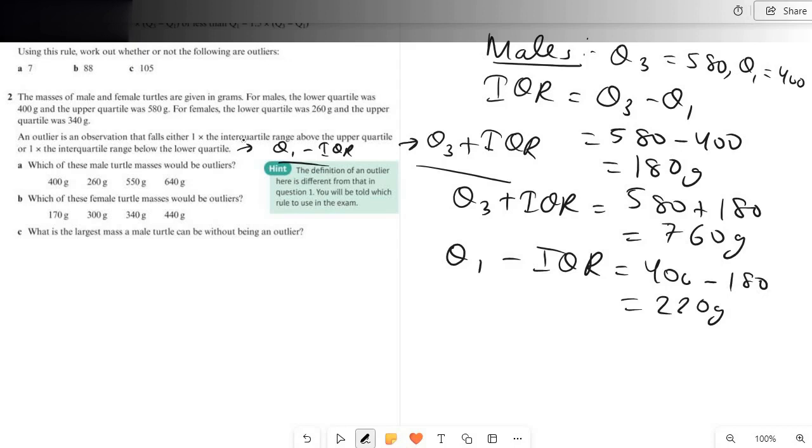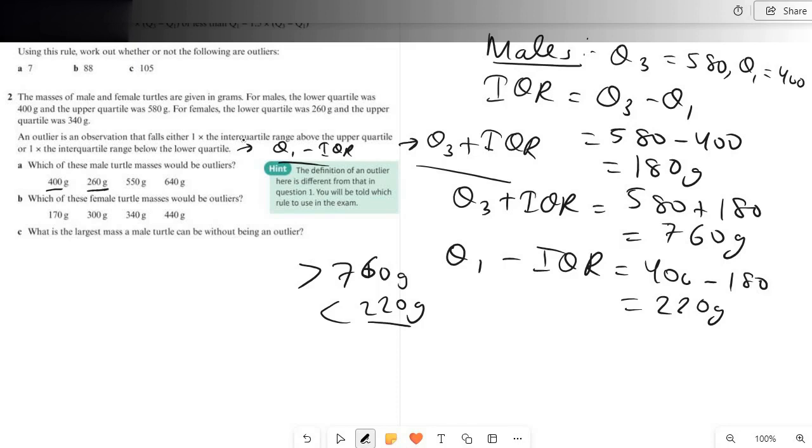Now we can say that anything that has a value of mass greater than 760 is going to be an outlier, and anything that has a mass of less than 220 grams is going to be an outlier as well. So for number A, 400 is within this range as it is both greater than 220 and less than 760.